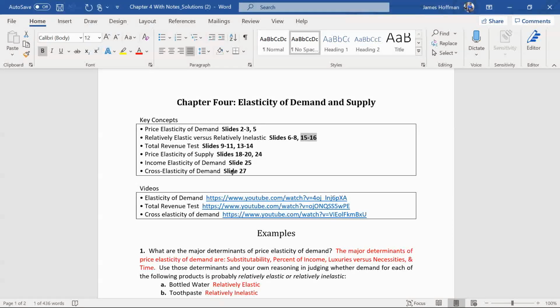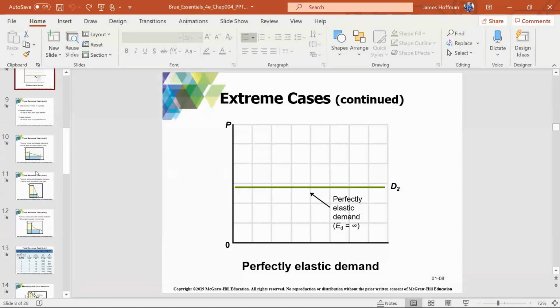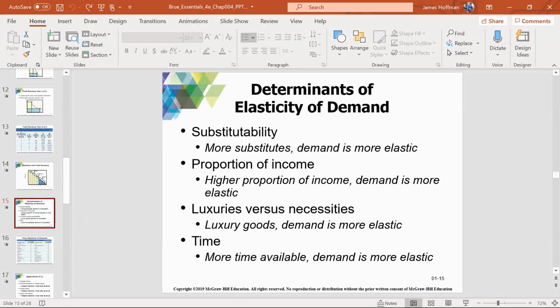Alright, so let's jump real quick to slides 15 to 16, because these are the things that determine what's more elastic versus inelastic. These are the determinants of elasticity of demand.